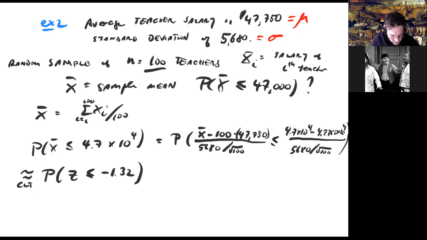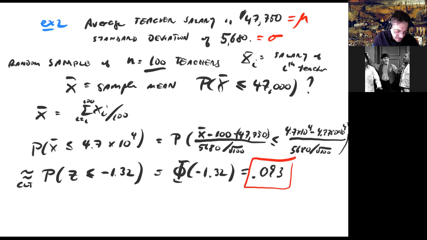And now this is phi of negative 1.32, which is equal to 0.0093. So that is the answer to the problem: the probability that the sample mean is less than or equal to 47,000 is about 0.093.